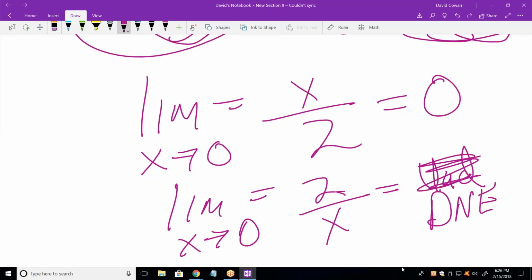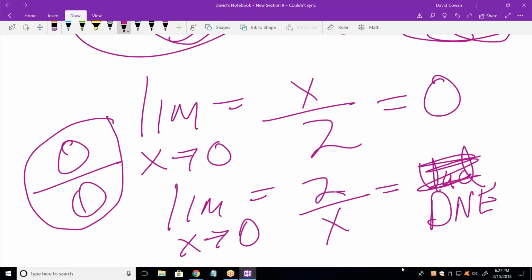Every problem is either one of these two cases, except if it's 0 over 0. So the only difficult ones are the 0 over 0. And those are the ones that require you to either factor, multiply top and bottom by the conjugate, or use some of those trig limit identities.